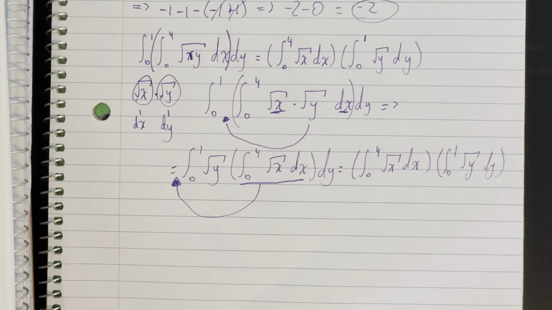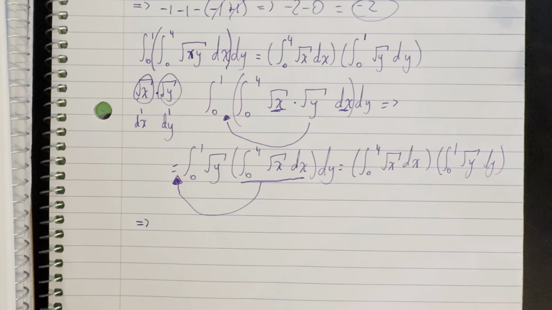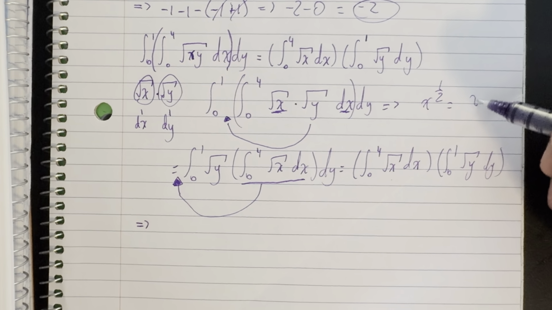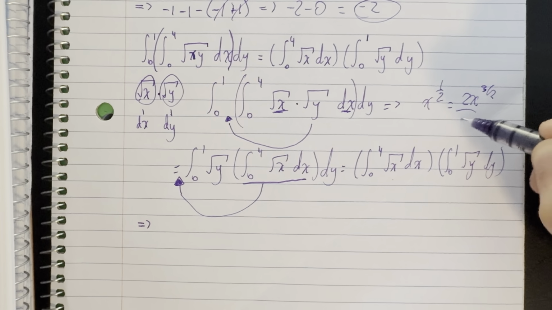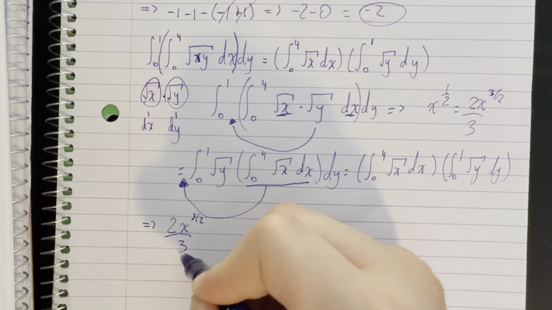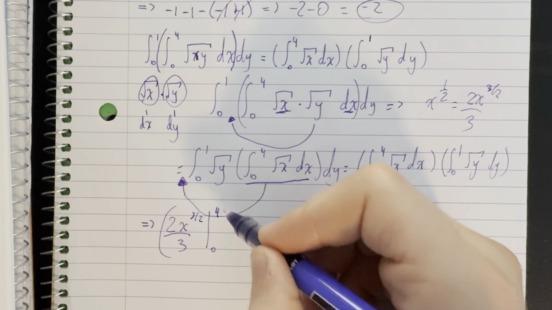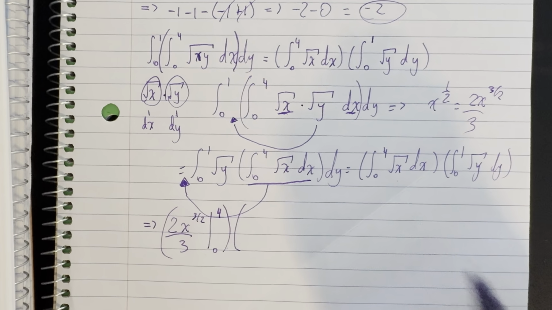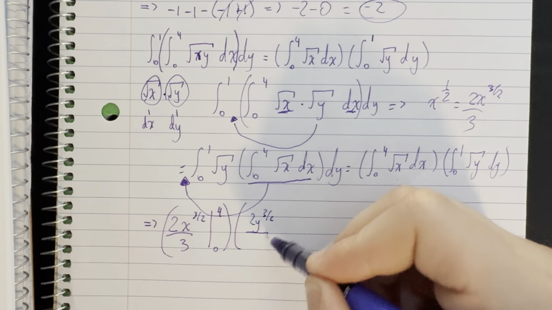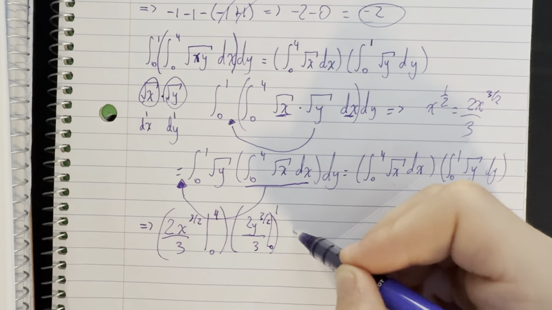It's honestly pretty helpful. Now that we know that, and we proved it, if you have something to the half, that's going to turn into x to the 3 halves, 2x to the 3 halves over 3 from 0 to 4. That's this integral. And then this guy's going to be pretty similar: 2y to the 3 halves over 3 from 0 to 1.